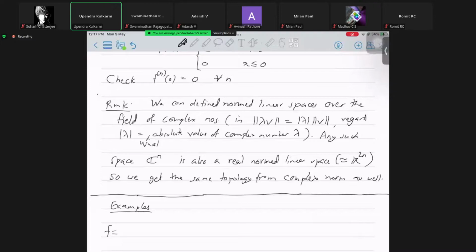So let's say f is equal to x square plus y square plus z square, small variation, minus 2x plus 4y.